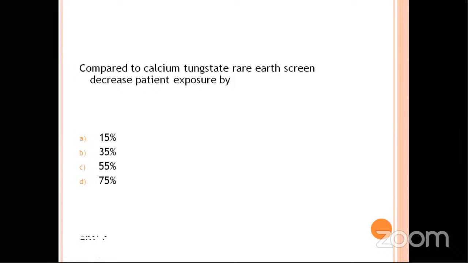The terbium activated, the niobium activated, all those are rare earth screen elements, which decrease the patient exposure by nearly 50% when compared to calcium tungstate. That is why calcium tungstate is not used nowadays.